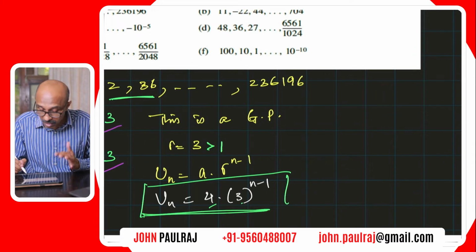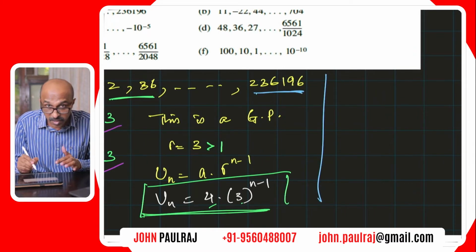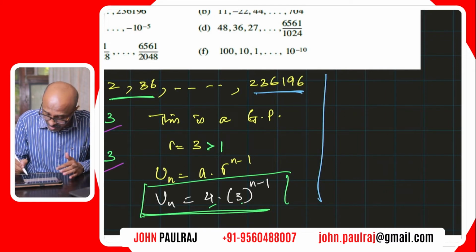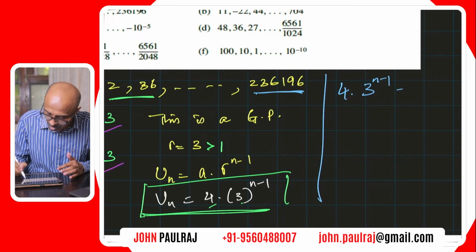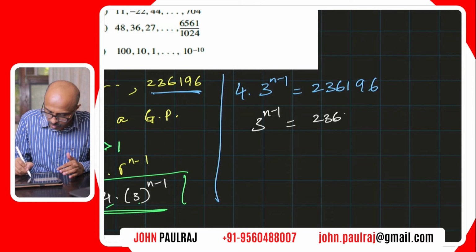And then just as we saw in the earlier video, we can use this general formula, equating it to the last term given here, to find the value of n, all right? So we can say 4 times 3 to the power of n minus 1 equals 236196, which would then give 3 to the power of n minus 1 is equal to 236196 divided by 4.